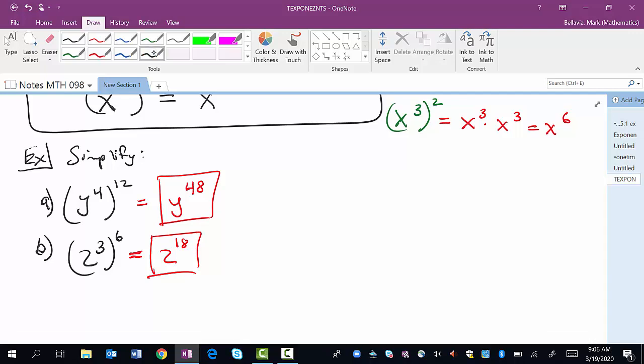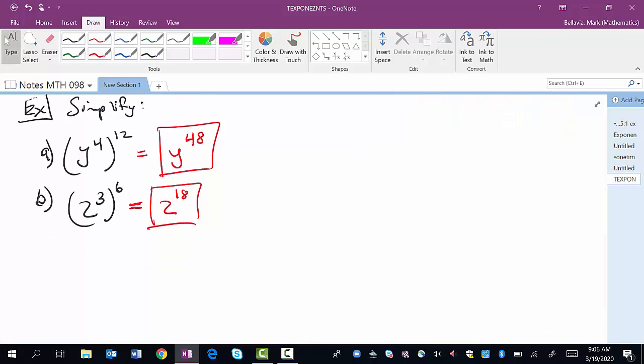And we'll look at one more like this. If you had, let's say, 3 to the 5th power, and then that's getting raised to the -7. So there's a couple ways you can approach this.